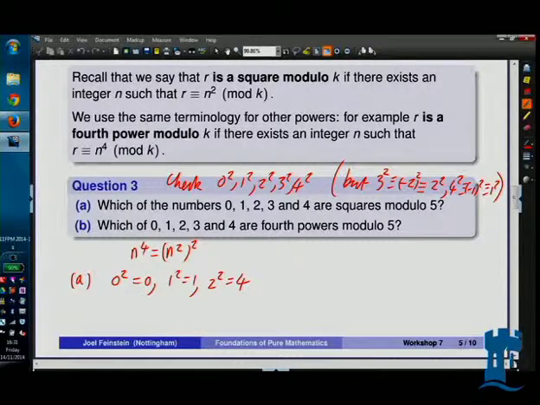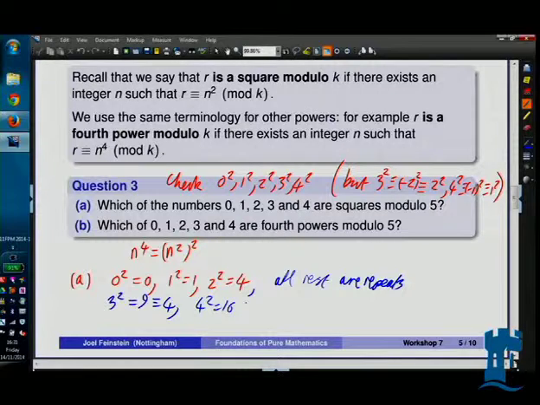Everything else is a repeat of those. Because of what I said up here, but if you weren't sure about that, you could check 3 and 4. Of course, 3 squared you can check directly is 9, is congruent to 4, and 4 squared is 16, is congruent to 1.